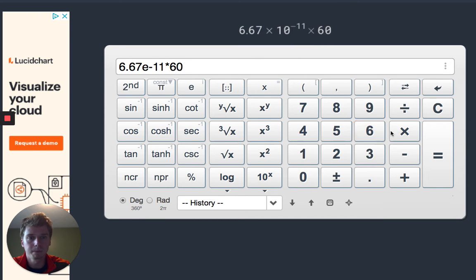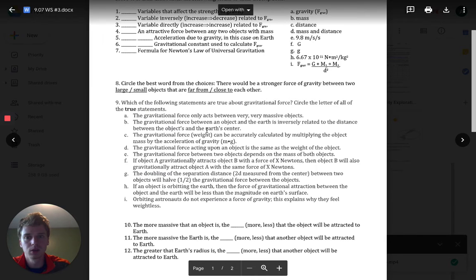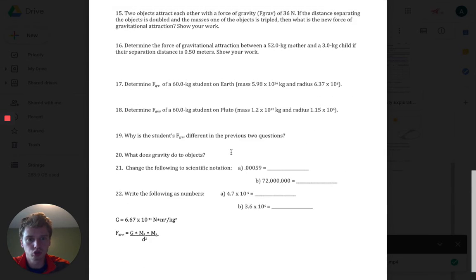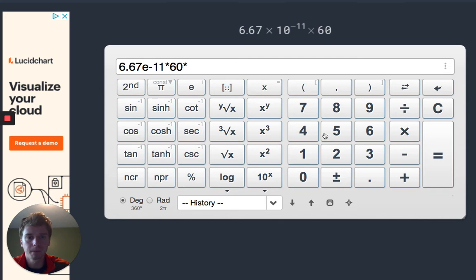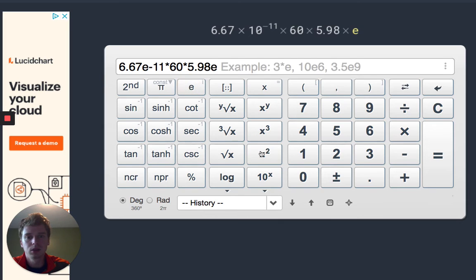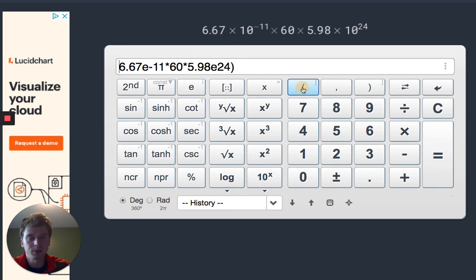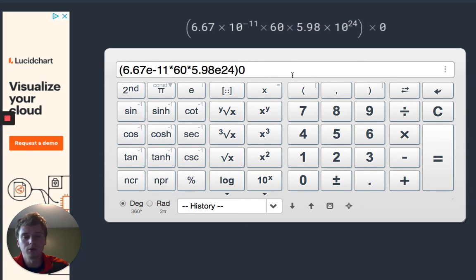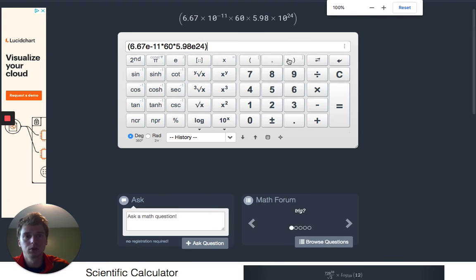Times 60 times the mass of the Earth, which is 5.98 times 10 to the 24th. I'm going to put all of this in parentheses because that's what's on top. And then I'm going to divide all of that by my distance. Okay.